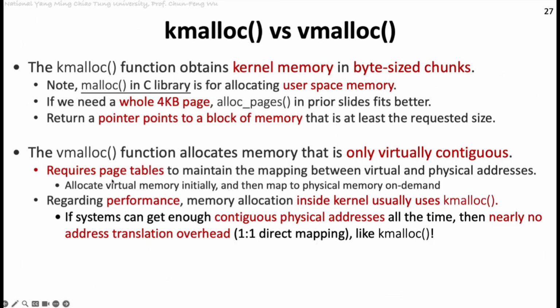We don't need a page table there. The reason we need a page table is that virtual address space lets us use space larger than the physical size, right? When you are writing a program, you don't need to care about the size of the physical memory.